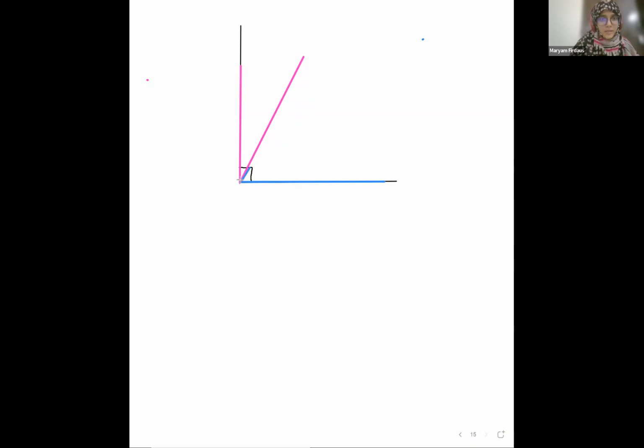Are you able to see the two angles now or should I draw them for you? Yeah, I can see it. Let's say this is 30 degrees and this one is 60 degrees.